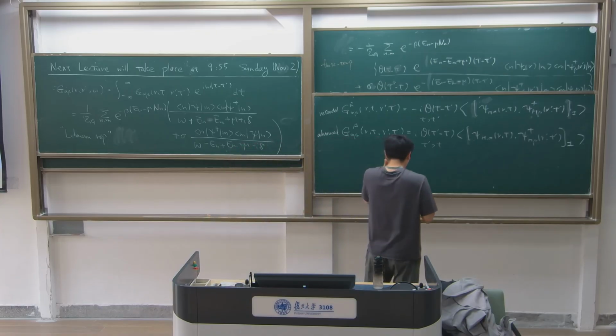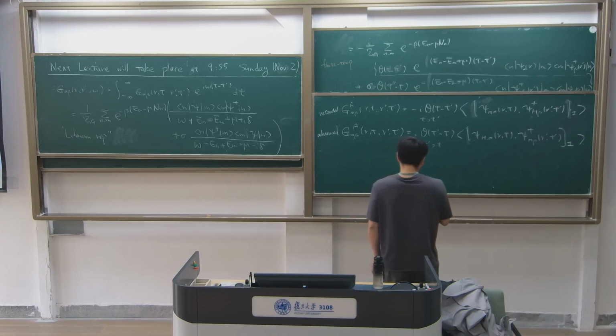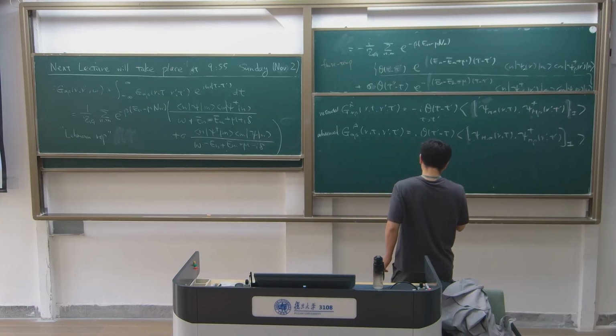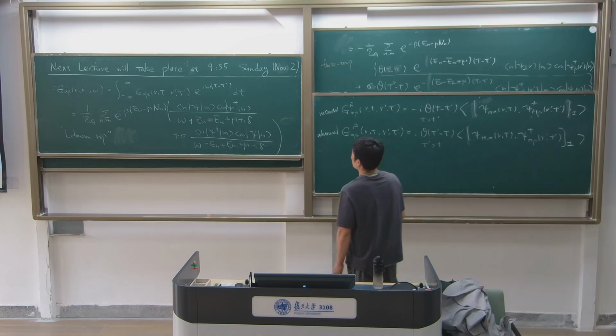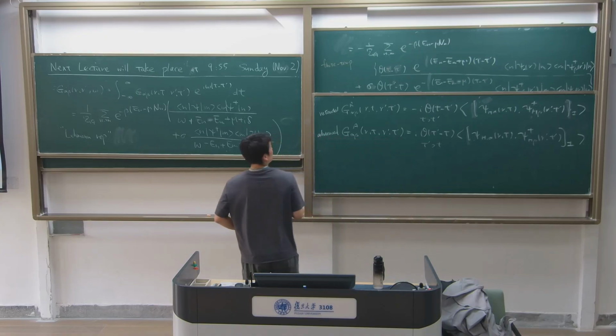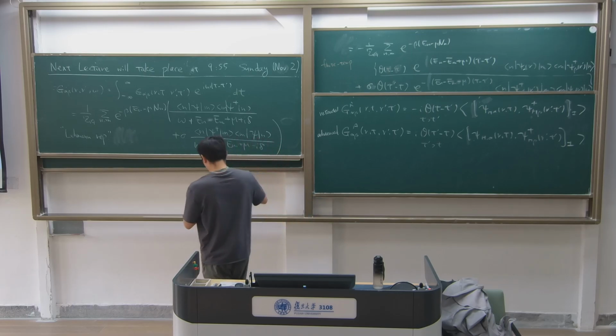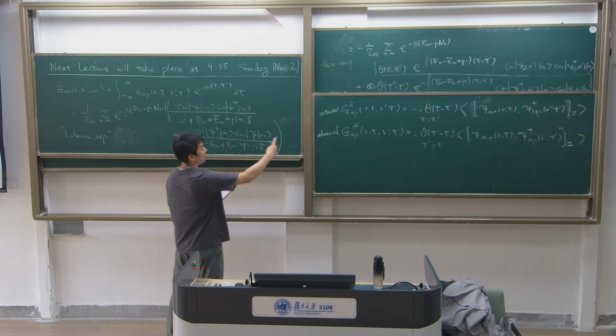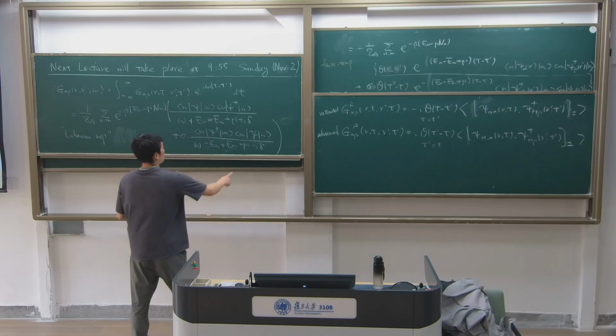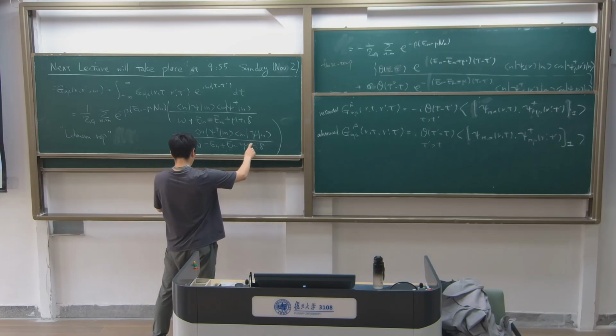And then let's focus on the retarded one because the last one is the same. If you do that transformation, it's almost the same as before, except here you have to be careful. All the calculations are the same, except this becomes plus.